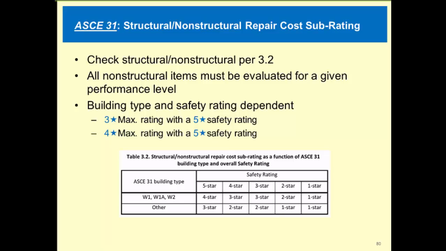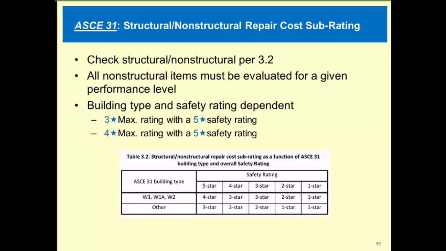All items must be evaluated, unlike in the safety sub-rating, where you could use your engineering judgment to say that some non-compliant, non-structural items in a boiler room don't really dictate the overall building performance. Here, in the repair cost or damage sub-rating, that's a big part of those ratings. So it is important to include all non-structural items.